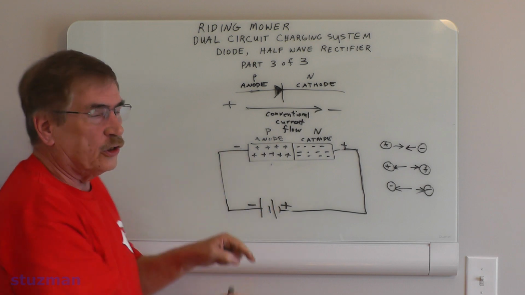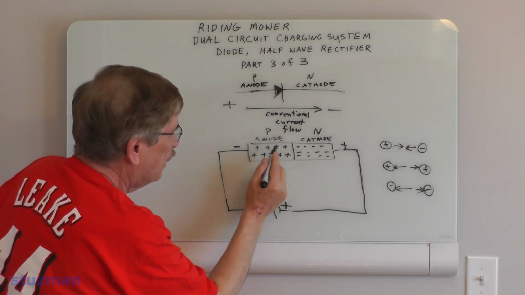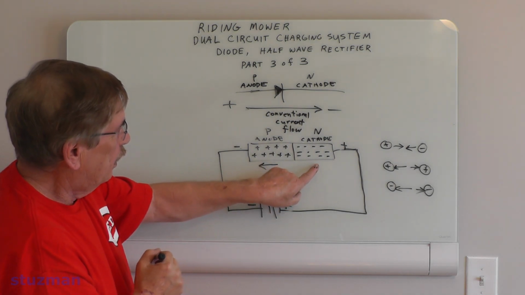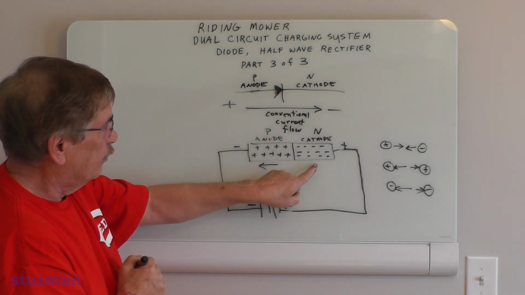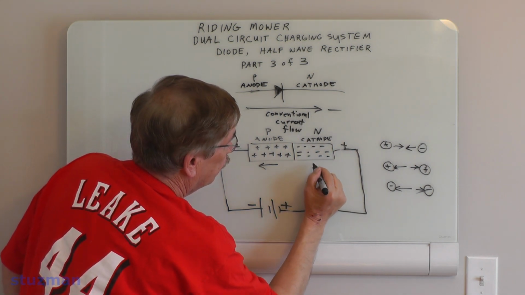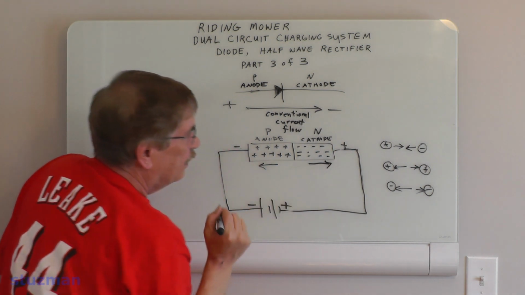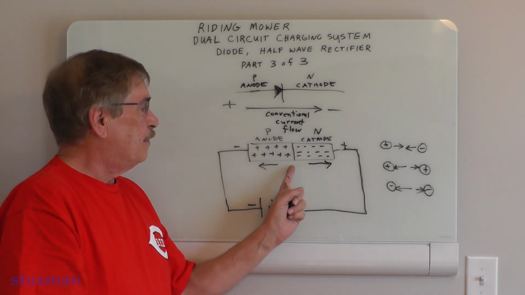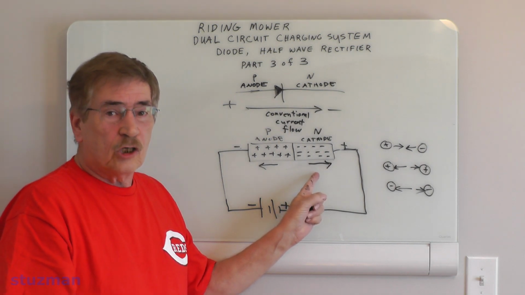Remember, unlike charges attract. So now these positive charges are being pulled in this direction, and look at the negative charges that are in the N-type material. They are being attracted to the positive charge over here from the battery, so it's going in that direction. So in other words, these charges are being pulled away from the P-N junction.